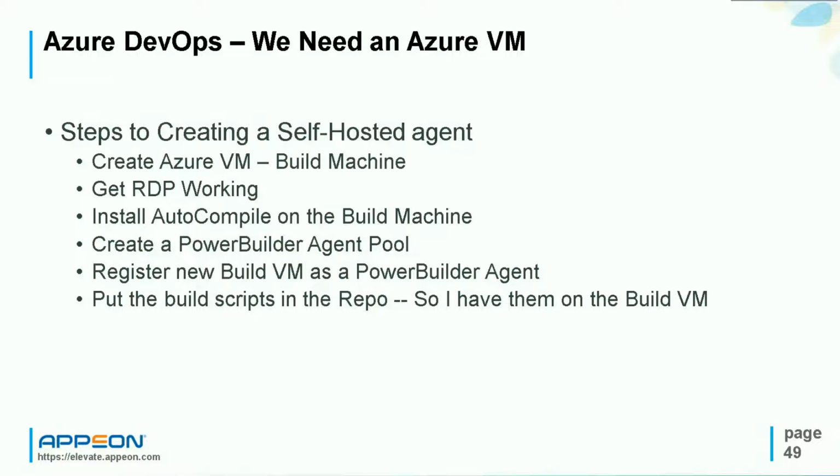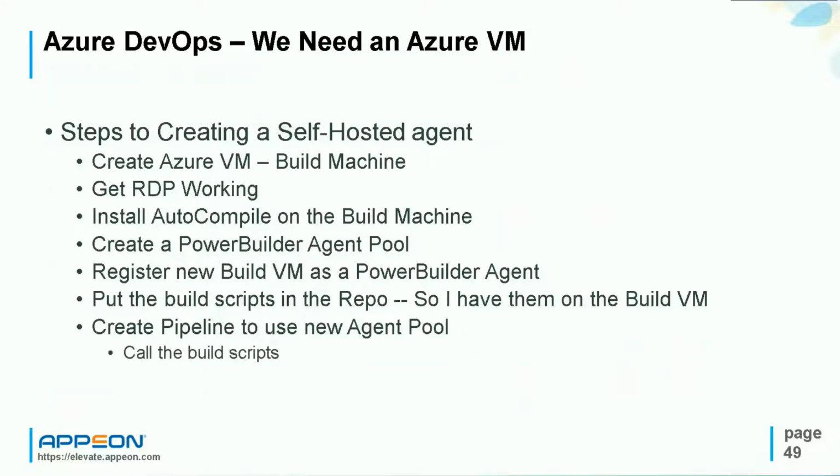So these are the scripts to rebuild the PBLs, the scripts to call the Orca Script, to call the PBC, to build the exe and the PBDs. Well, that's most of what it is. And then create a pipeline to use the new agent and the new scripts.